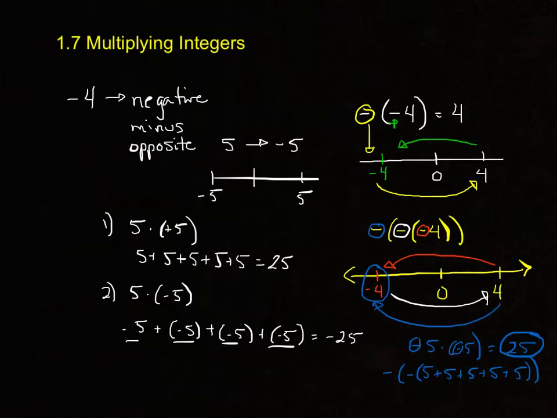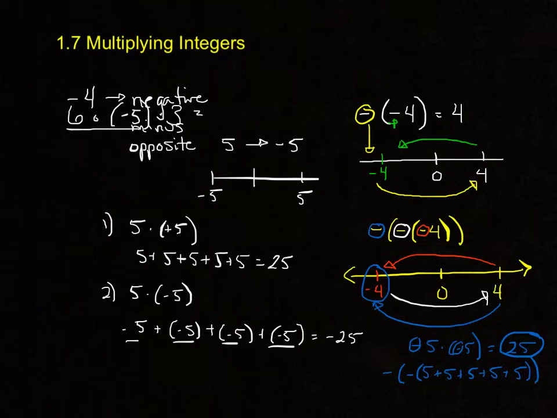Let's take a look at a couple quick ones then. 6 times -5 times 3. Well, we can take this in any order we want. Multiplication has no specific order, and that's due to the commutative property, or even in some cases the associative property. So I'm going to use 6 and -5 first.